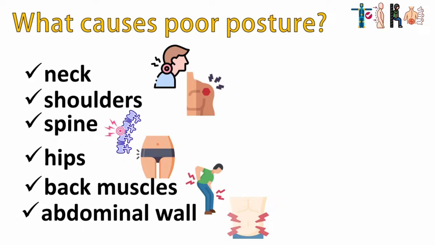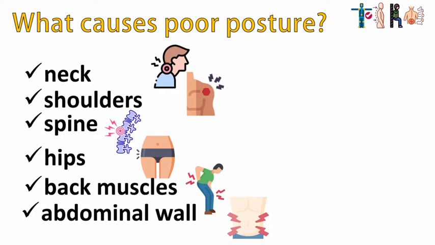For example, weak back muscles on either side of the spine can affect our ability to maintain a good posture. The same applies to the muscles in the abdominal wall at the front of our bodies. For many people, sitting for many hours each day, year in and year out, causes muscles and ligaments to tighten or become weaker. This can also lead to poor posture.